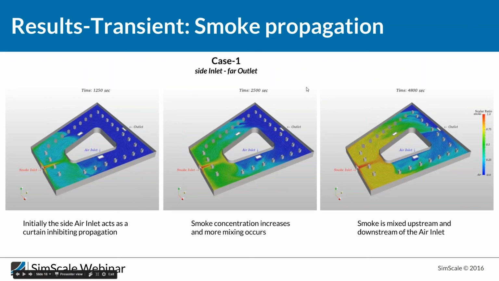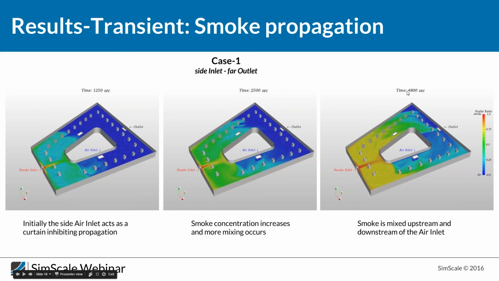Let's move forward to 2,500 seconds. So twice the time. As we see, as the time goes forward, the mixing enhances. Even though we still have a clear difference between the concentration of smoke in these two sides of our garage, in both of them we have a visible mixing of clean air and smoke.